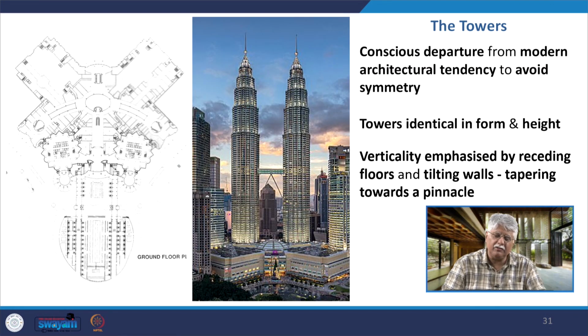It is a conscious departure from modern architecture in that modern architecture tends to avoid symmetry, but this building reinforces symmetry. The towers are identical in form and height and are also connected by a sky bridge. The verticality is emphasized by receding floors and tilting walls which taper towards the pinnacle.